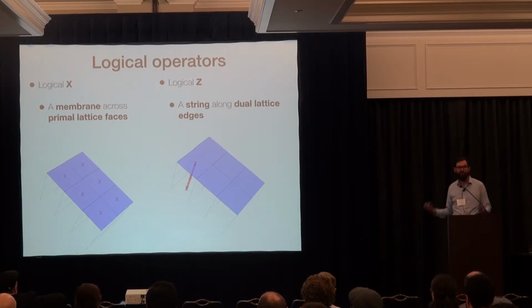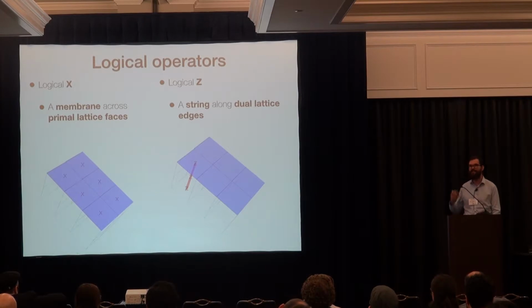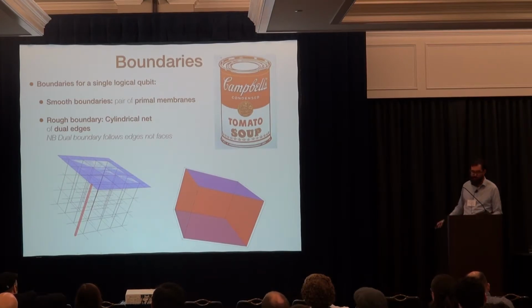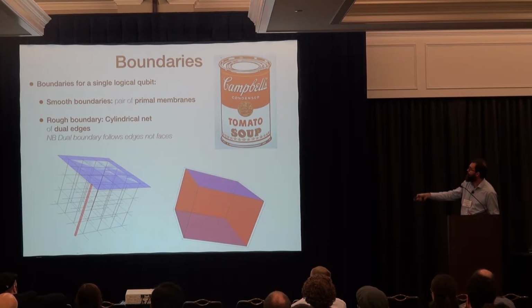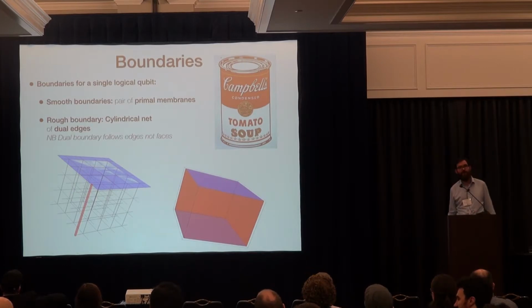So this is one of the unusual features of the 3D code. If you're used to the 4D or 2D code, it has different dimensionalities of the two different logical operators, X and Z. Okay, so what do the boundaries look like? Well, we have a cylindrical structure here with two smooth boundaries at the top and the bottom, and a cylindrical rough boundary going all around the edge.